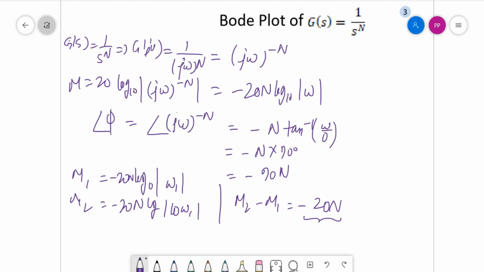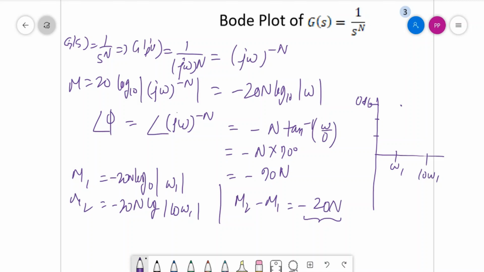So accordingly, if we plot the magnitude, suppose you have ω1 and 10ω1, and suppose at ω1 you have 0 decibels.